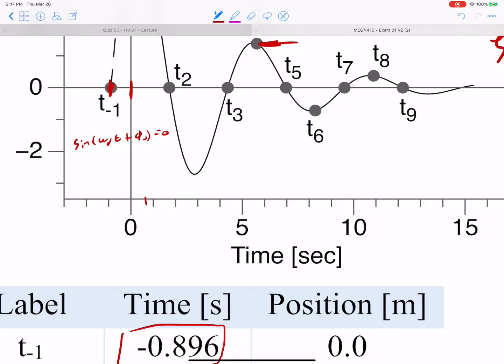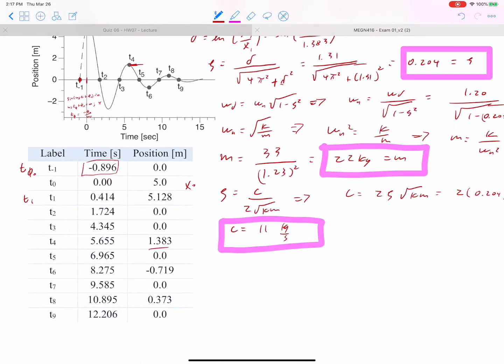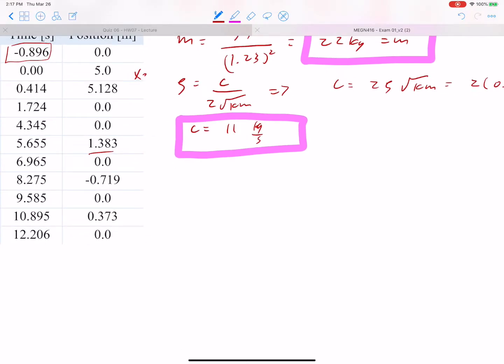That would occur when omega d t plus phi naught is equal to 0, or if it's equal to pi. So let's just assume it's 0 because that makes our lives a little bit easier. And that means t phi, as we'll call it, is equal to negative phi naught over omega d.